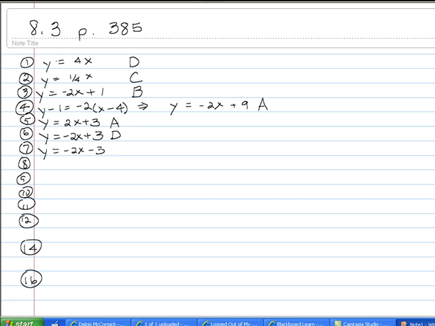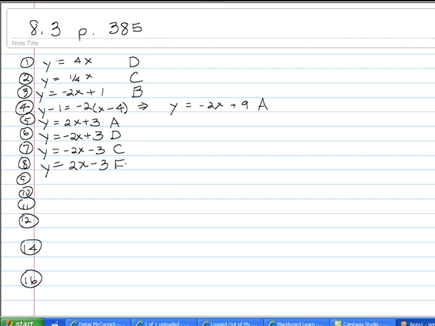Okay, y equals positive 2x minus 3. So we want a positive slope. We've eliminated A, so it's either F or H. And we need a y-intercept at negative 3, so that would be F. Alright, y equals 2x.